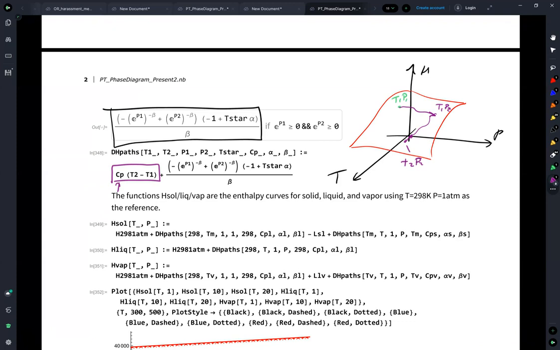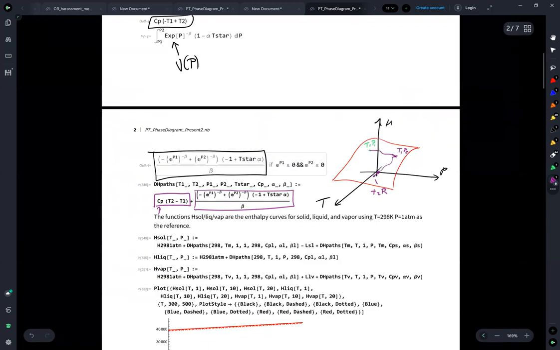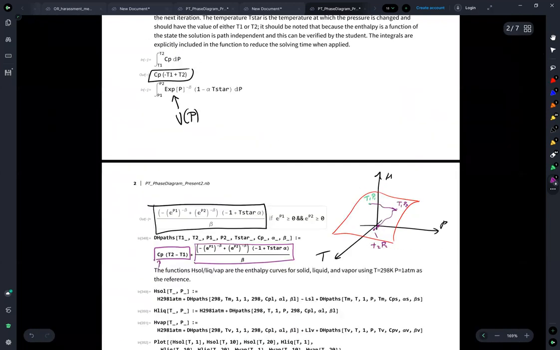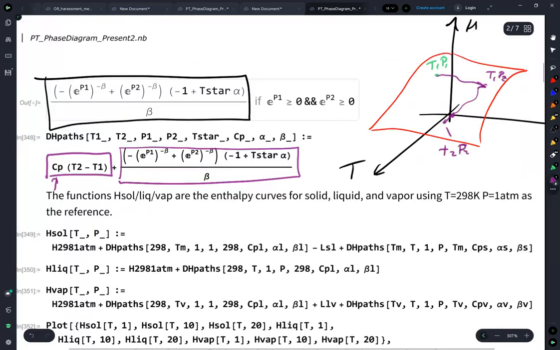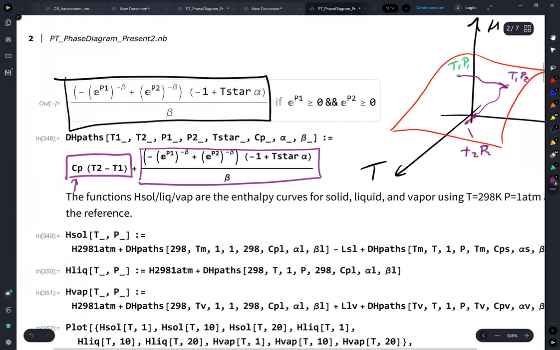And this is our V as a function of P1 minus alpha T star. And this function, delta H path, is the path where there's no change in the phase.